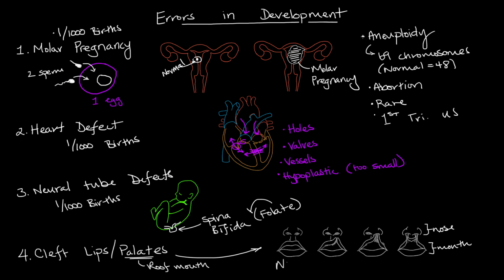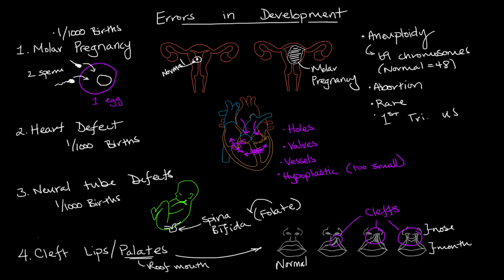And so this would be an example of a normal nose and mouth, and then this would be kind of a more minor cleft here, and then this would be more major cleft into the nose, and then you can also get a double cleft or a bilateral cleft where it goes into both noses. So these would be examples of clefts.